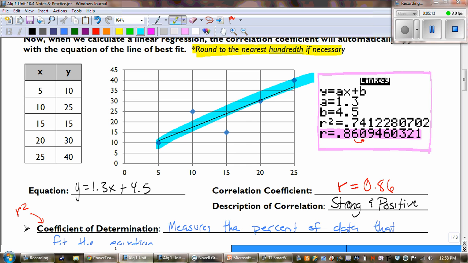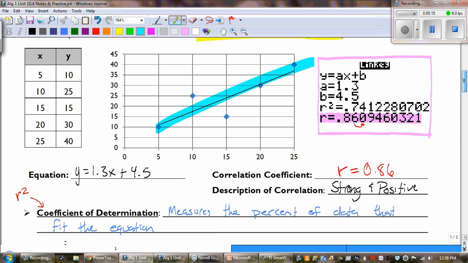So the coefficient of determination, that's the r squared. That's the second variable that it's talking about. And that measures the percent of data that fit the equation.